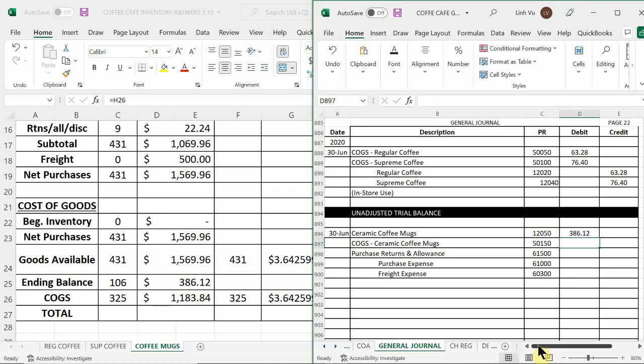Okay. What was the total cost of my goods sold? What was that? Not this. The cost of goods sold.